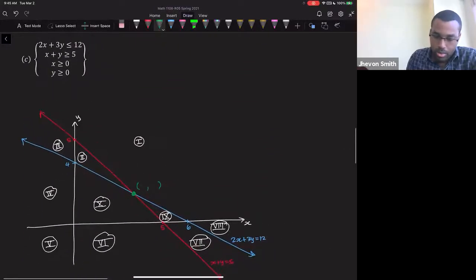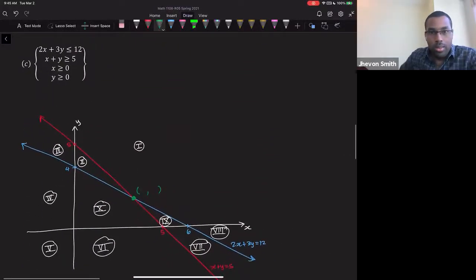Okay, this one. What region solves that? And again, we know that this is 3, 2. Well, what do you think?